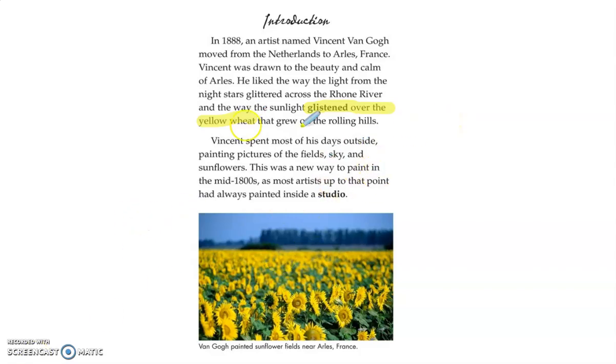Down here, I also visualized when it says that most artists up to that point had only painted inside a studio. I actually visualized Vince van Gogh sitting outside and painting, aside from visualizing an artist inside a studio painting.